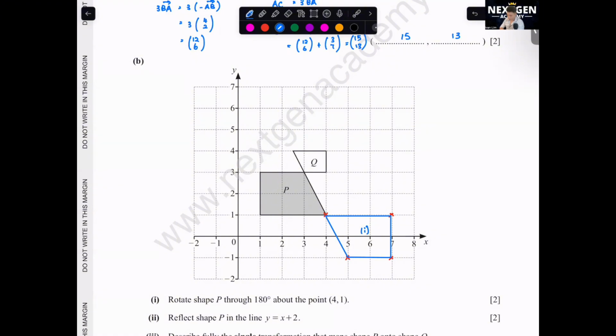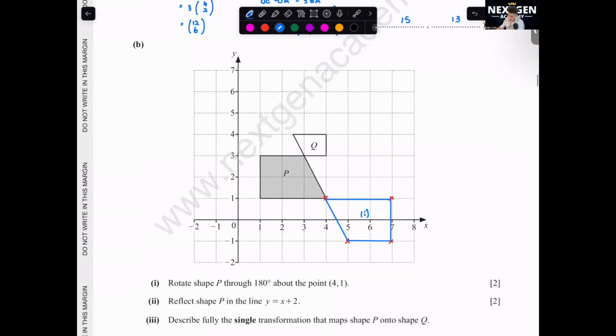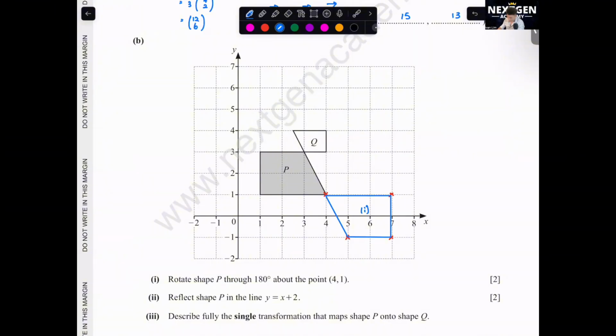Question 2. Reflect shape P in the line y equals x plus 2. So how do we find the line y equals x plus 2 first? We need to sketch it out. For y equals x plus 2, you just take any 2 points. So let's say we take x equals 0 and x equals 1. You sketch out this graph first. When x equals 0, y equals 2. When x equals 1, y equals 3.